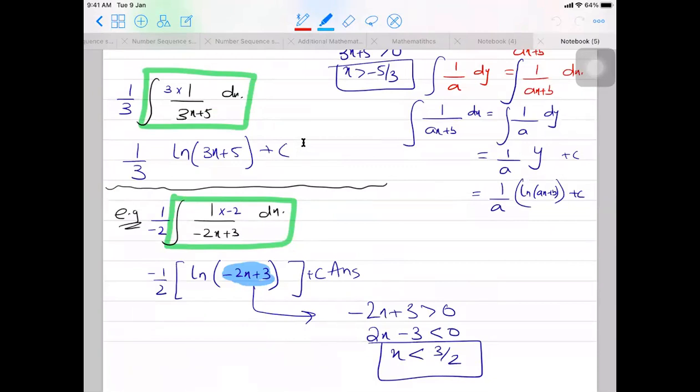Differentiation of minus 2x plus 3 is minus 2, so you multiplied the numerator by minus 2 to make it conform to having the differentiation of the denominator. Obviously this is something you were doing on your own, so you divide by it as well. But when you see this expression inside the integral sign, if it conforms to the rule, then the integration is ln of the denominator, that is ln of minus 2x plus 3.